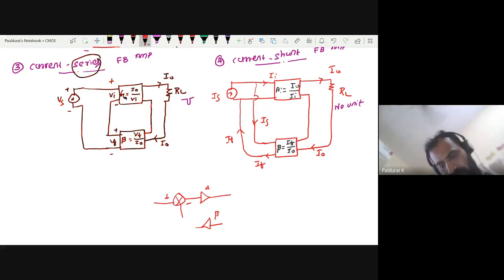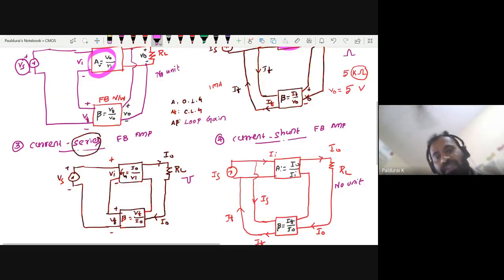Plus, minus. In order to find the loop gain, you want to make input as 0, it may be voltage or current. Now when you are traveling through this loop, this gain is A, this gain is beta, so it is called A beta. A beta is called loop gain. It's very important.